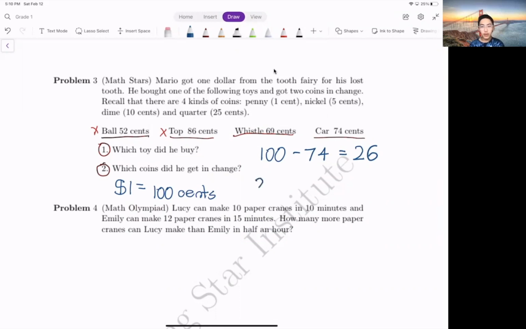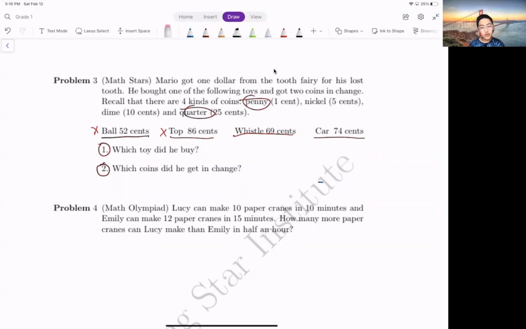We can see that a quarter is 25 cents plus 1 cent equals 26. And wow, a penny is exactly 1 cent. So we now know that a penny plus a quarter is 26 cents. So therefore, we know that Mario got a quarter and a penny as change.